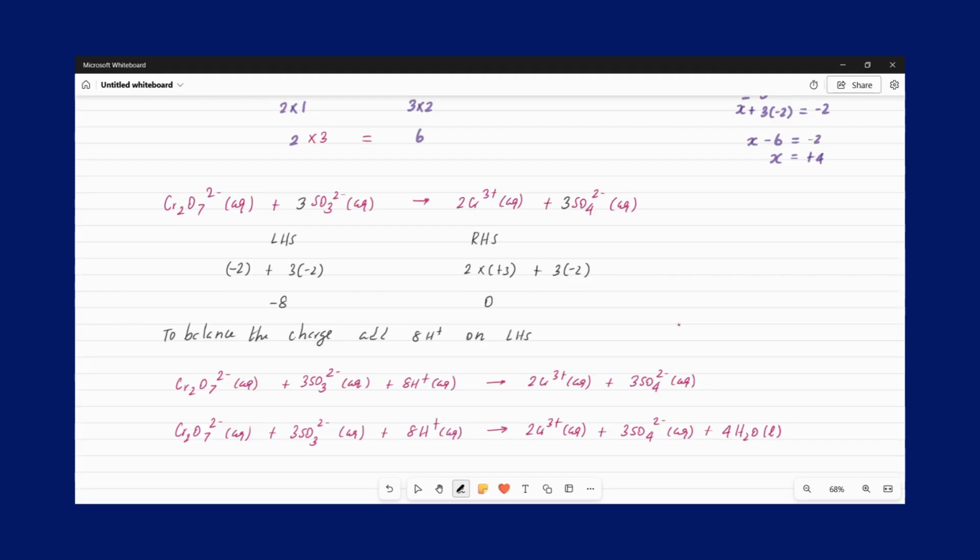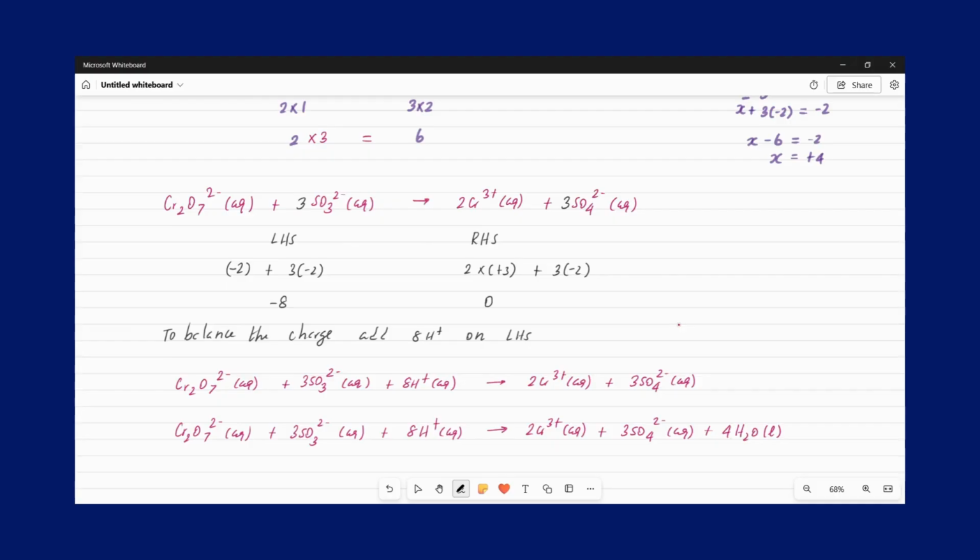If you verify whether oxygen is balanced or not, it will be balanced. If you look at on the left hand side, 7 plus 9, 16 oxygen. So here 12 plus 4, 16 oxygen on the right hand side. So oxygen is automatically balanced. Here you got the balanced ionic redox equation for the given question.